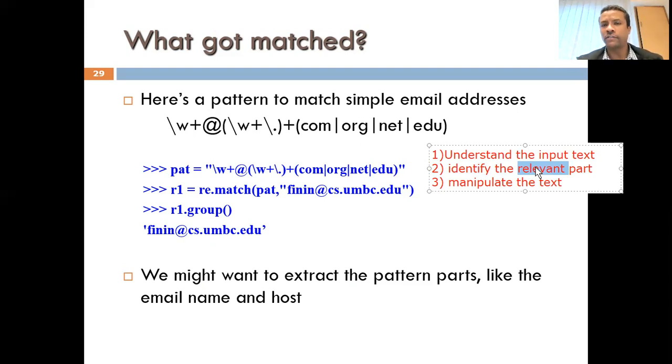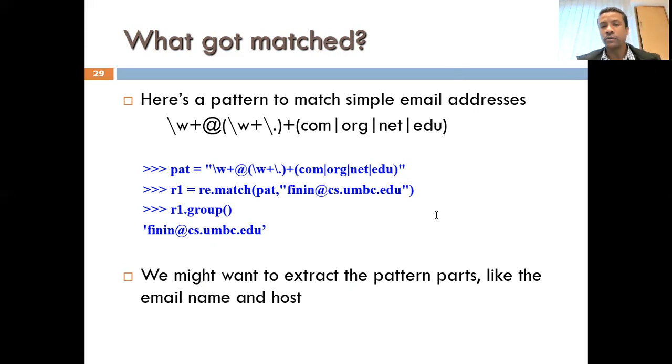Like if you are asked to identify an IP address or an email from running text, you have to identify which part of the text would be considered relevant for your application. Then finally, based on this understanding, try to write a regular expression or a computational program that will manipulate the text. Manipulating the text means reading the text, going through each part of it and identifying the part that is assumed to be relevant.